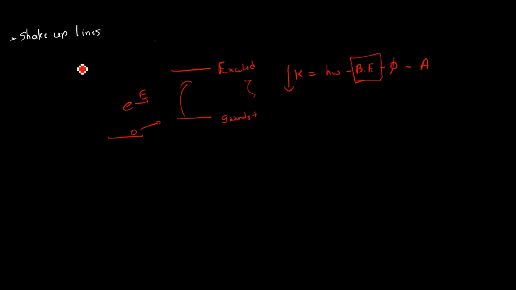So in the shake-up lines, apart from your parent line, you will have another small peak in the high binding energy section, because here the instrument reads them as high binding energy electrons. This is the parent peak, and there are also small peaks in the high binding energy side. Here binding energy increases in this direction, so this particular small peak has higher binding energy compared to the parent peak. This is called the shake-up lines.